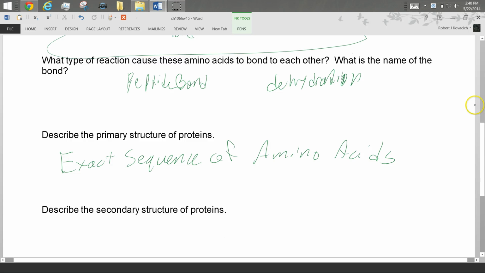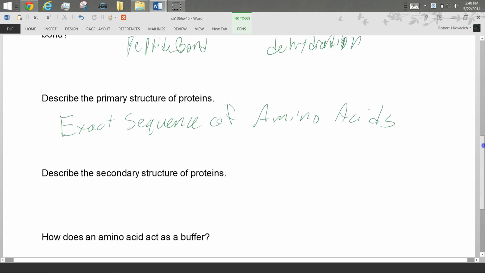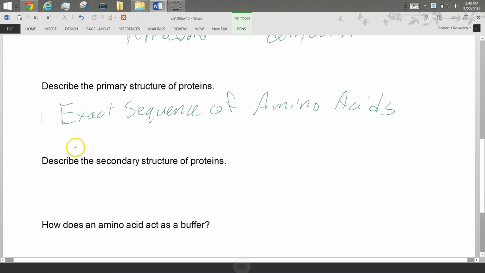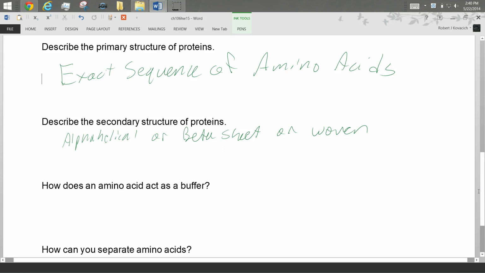All right, how about the secondary structure? We have three types of secondary structures, and it's important that we note how the secondary structure actually is formed, and what is it about the interaction within the protein that allows a secondary structure formation.